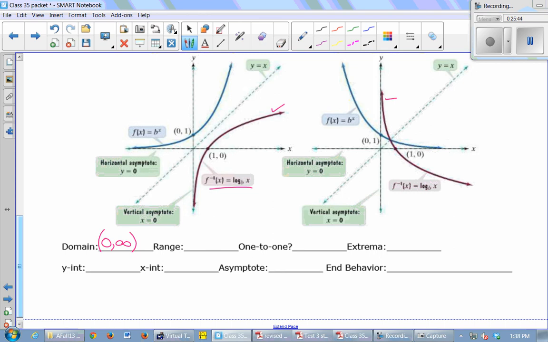So that's my asymptote, x equals 0, which is the y-axis. Because the exponential function had a horizontal asymptote of the x-axis, and when you reflect that over the line y equals x, you get the vertical axis. All right, looking at my pink function here, what is the range of this function?